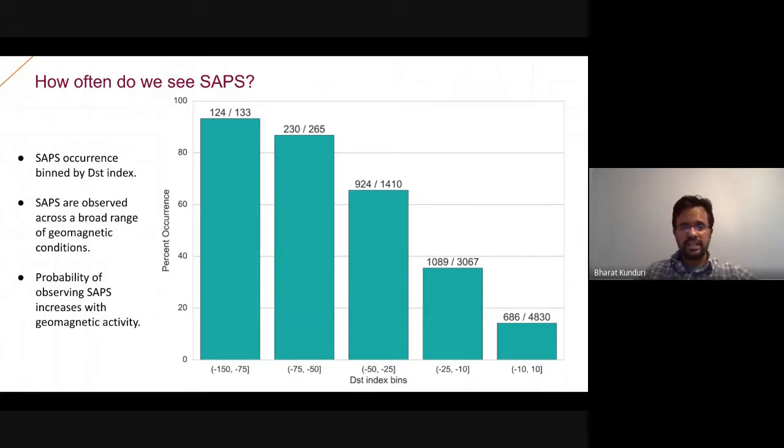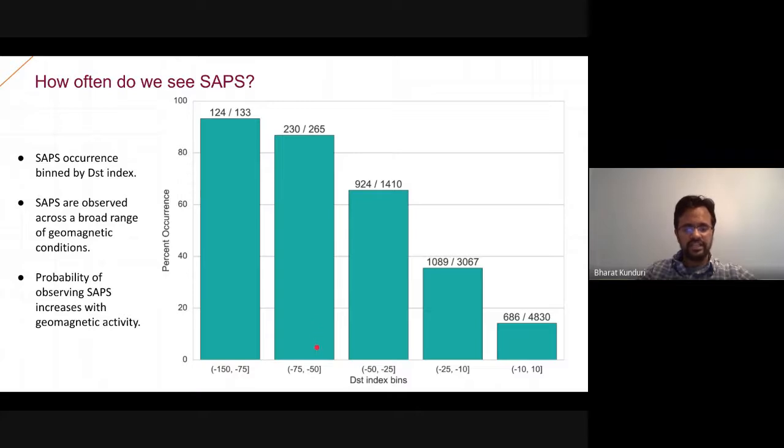So what we did is we collected data between 2011 and 2015 from 6 to 8 SuperDARN radars that were operational on the night side during this period, and used post-satellite data to identify flows that are equatorward and directed westward, which is consistent with what we call SAPS.